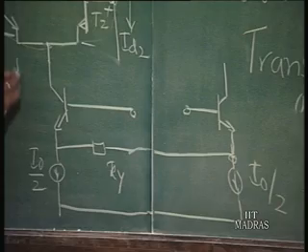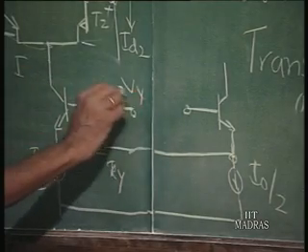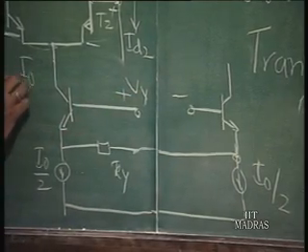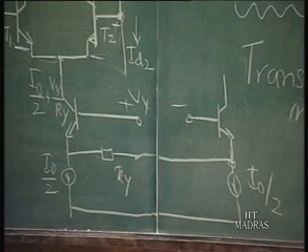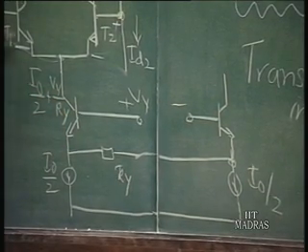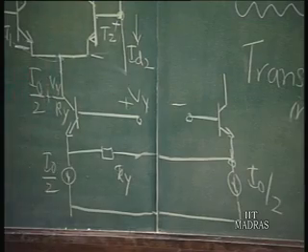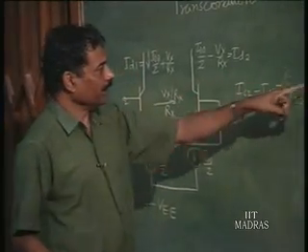So, here I get, if I put Vy here, I naught by 2 plus Vy by Ry. So, you have this being connected here and this current source. So, you have a multiplier component here.